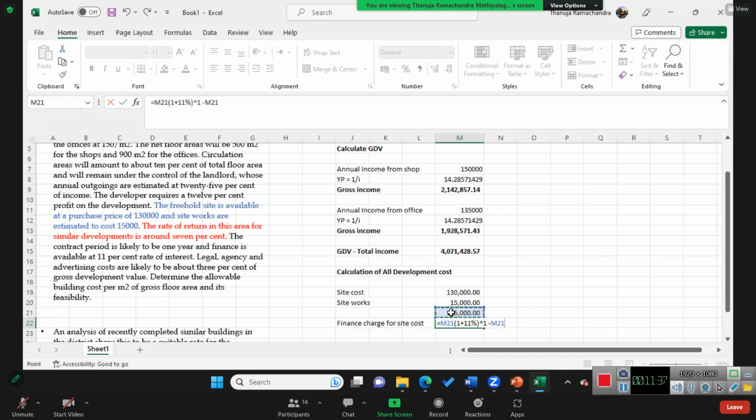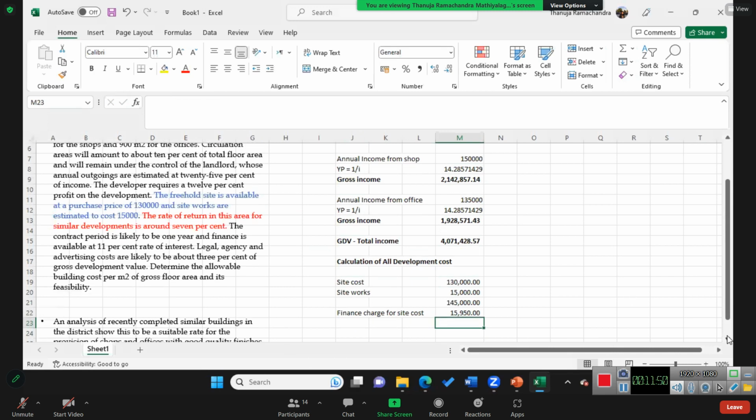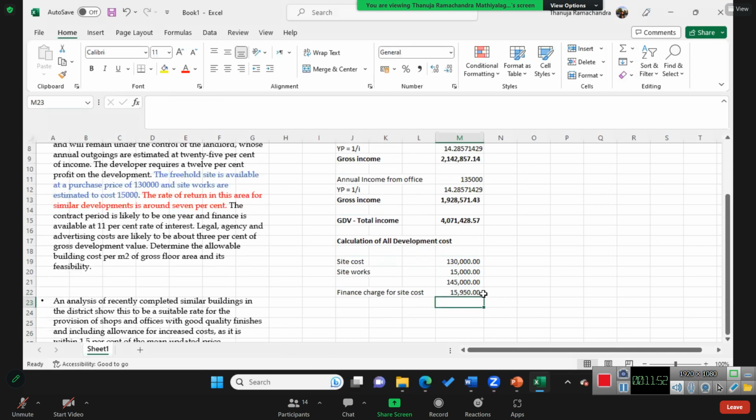From that, again, the principal amount we deduct. Right. Okay. So this is the finance charge. So altogether, related to purchasing the land, it will be, right.